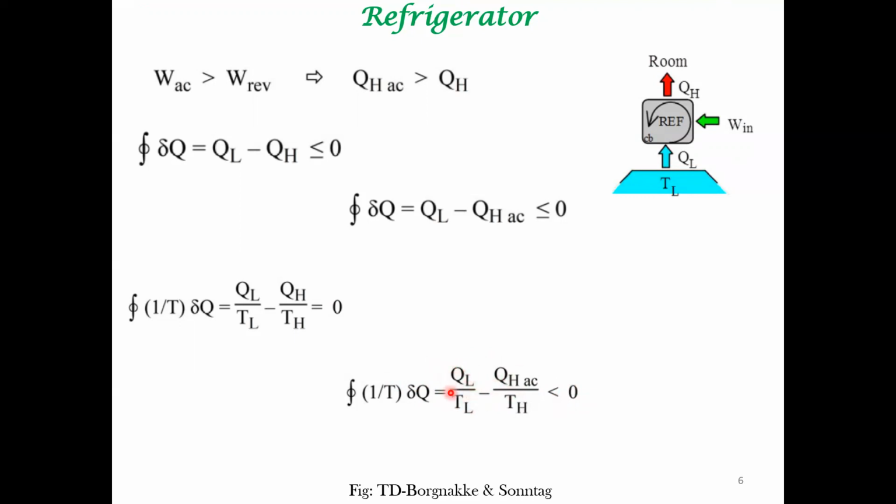This is the heat intake by this cyclical system. This is the heat rejected. So there is a negative sign here, there's a positive sign here. When you put both these things together, it is less than 0. So this indicates a cyclical process, right? Both the heat engine and the refrigerator behave in the same manner.